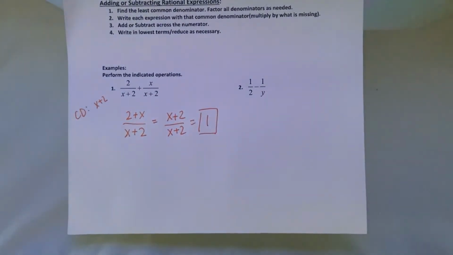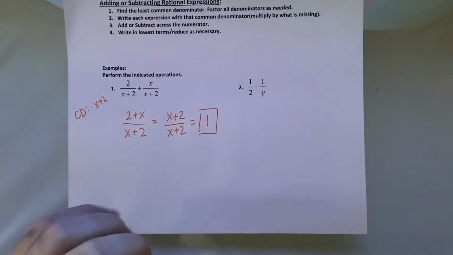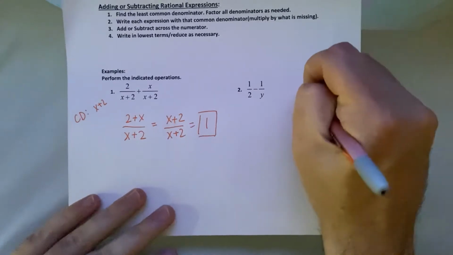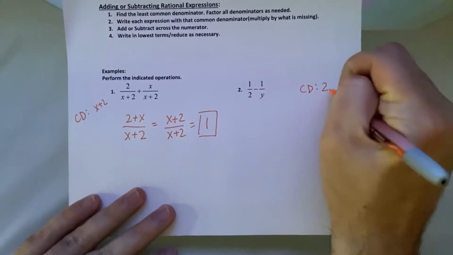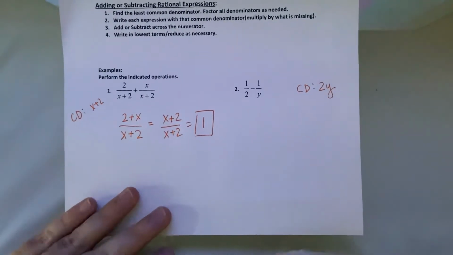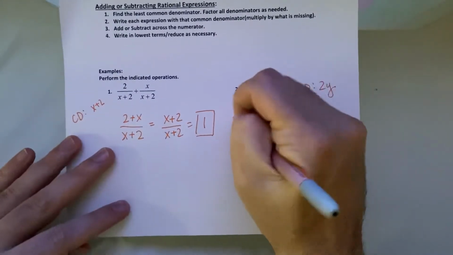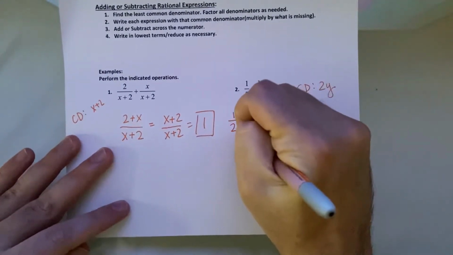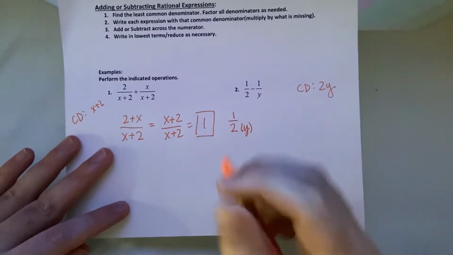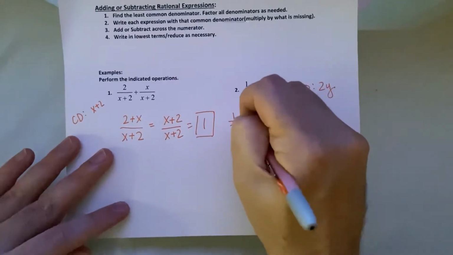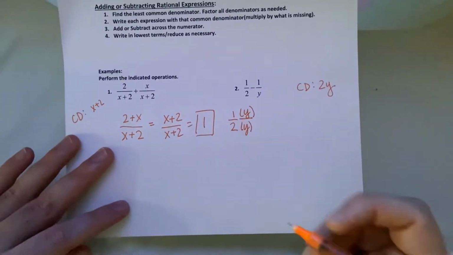So let's step it up a little bit. 1 over 2 minus 1 over y. My common denominator here, I'm going to need a 2, and I'm going to need a y. So what is the 1/2 missing? It's missing y, so I multiply my denominator by y. Anything that happens to my denominator also must happen to the numerator.